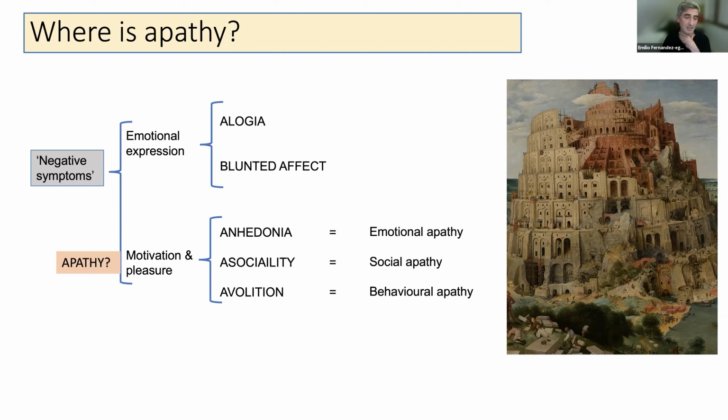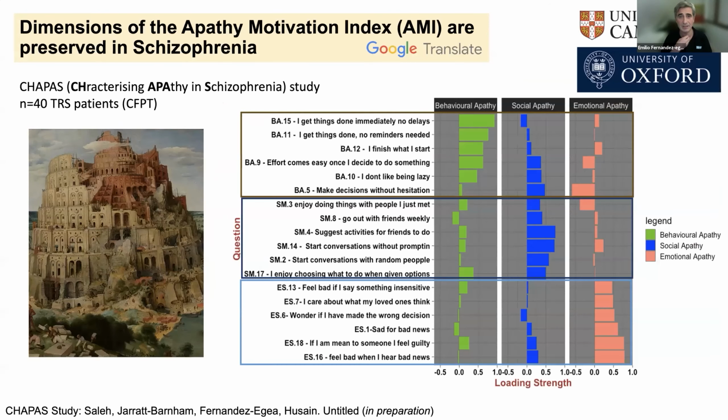There's the idea that has grown over the last decade or so about considering apathy not only as behavioral, but also emotional apathy, social apathy, and behavioral apathy, and that perhaps that can be linked with anhedonia, asociality, and abulia. Actually, we were working with Masud Husain and another team in Oxford.